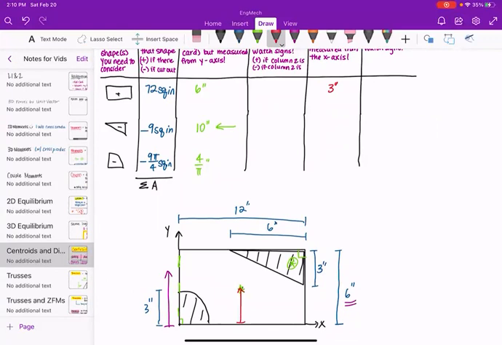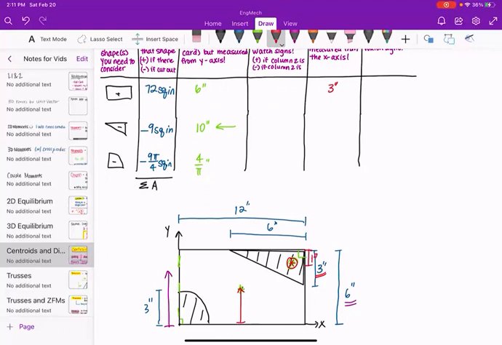The triangle is still 1/3 of that side length, but now you're looking at this side because that's the vertical distance, that's the distance on the y-axis. And so 1/3 of 3 is 1, measured from the right angle. So 1 is actually right here.